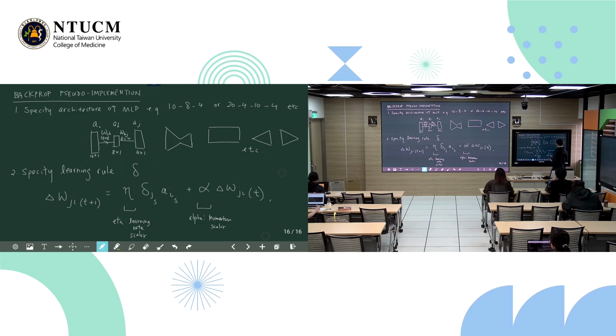And eta ranges from 0 to 1, and so does alpha, such that eta plus alpha equals 1. In other words, they are counterbalancing each other. Okay, so let's unpack this a little bit. And because it's J to I, this expresses backprop.